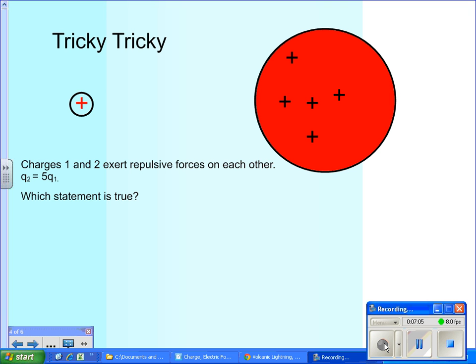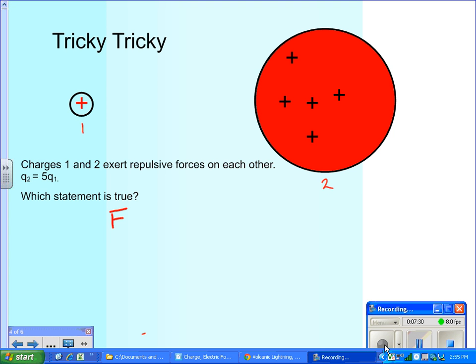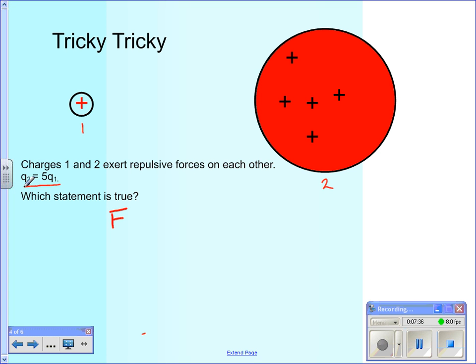So here's that trick I promised you. Charges 1 and 2 exert repulsive forces on each other, right? They're both positively charged. The large charge is 5 times greater than the small charge. Which statement would be true? Object 2 has a charge 5 times greater than the charge on object 1.